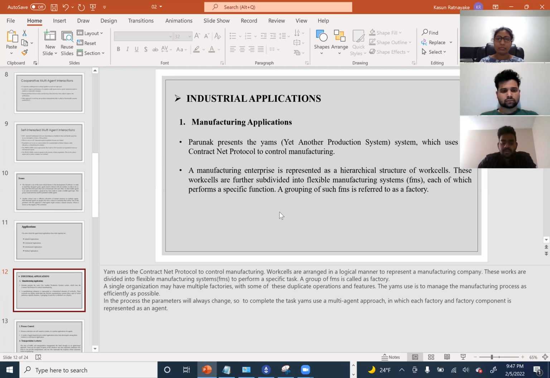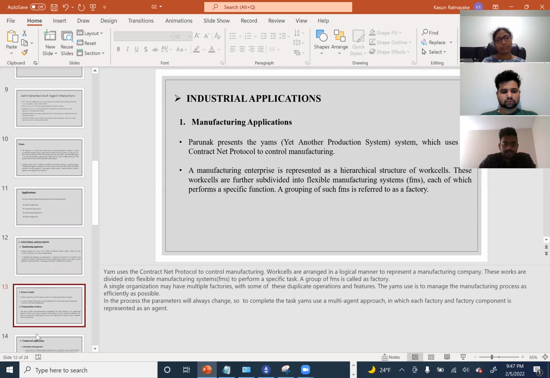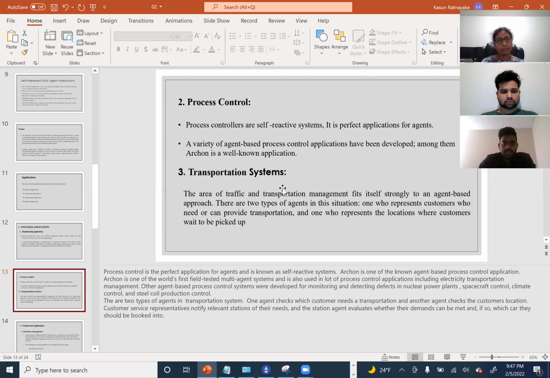In the process, the parameters will always change. So to complete the task, YAMS uses a multi-agent approach in which each factory and factory component is represented as an agent. Another application is process control. Process control is a perfect application for agents and is known as self-reactive systems.